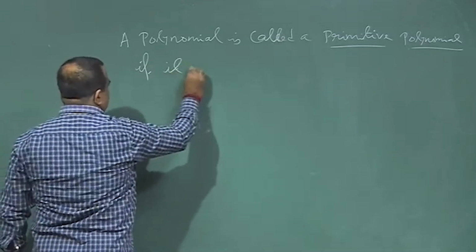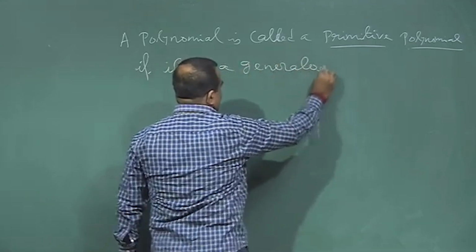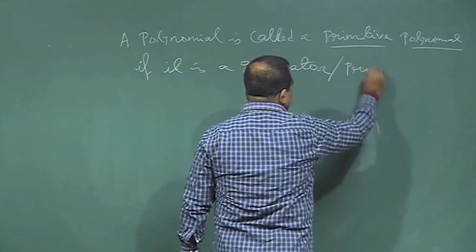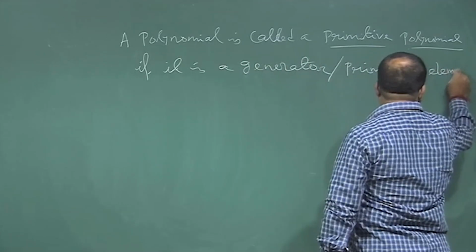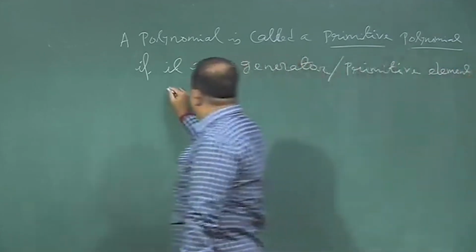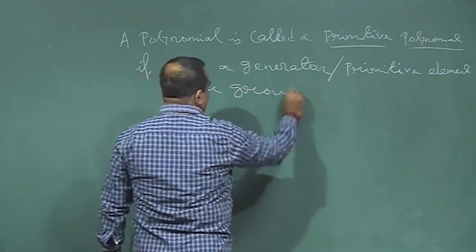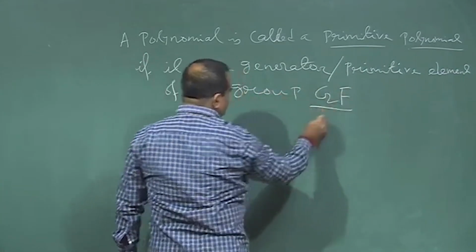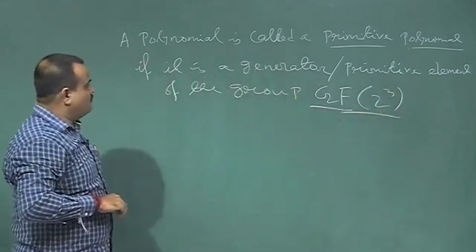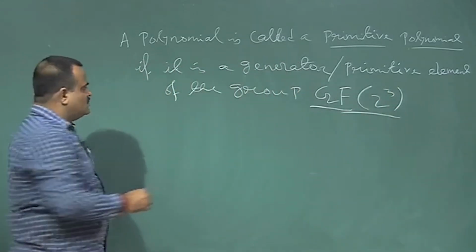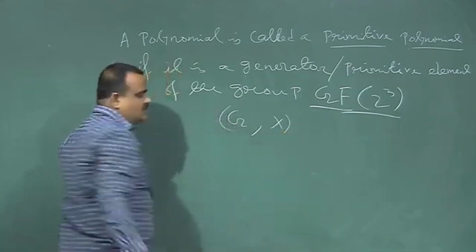A generator is also called a primitive element of the group, that Galois field, say 2 to the power 3. In general, it is GF(p). So, this is a group under multiplication also, and it is a cyclic group.